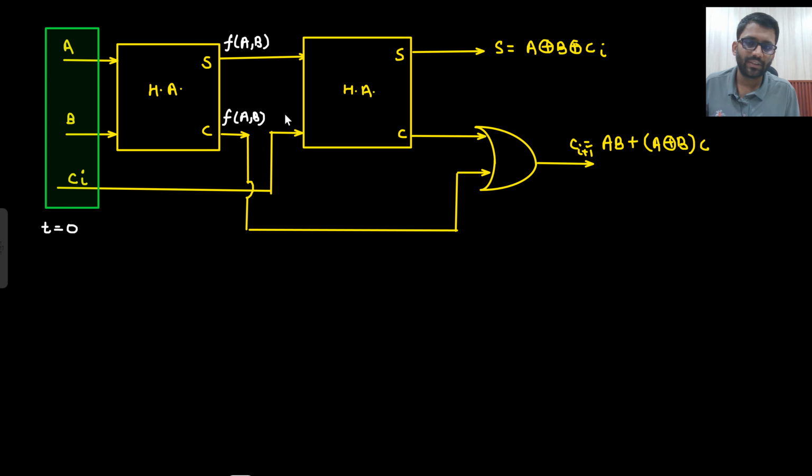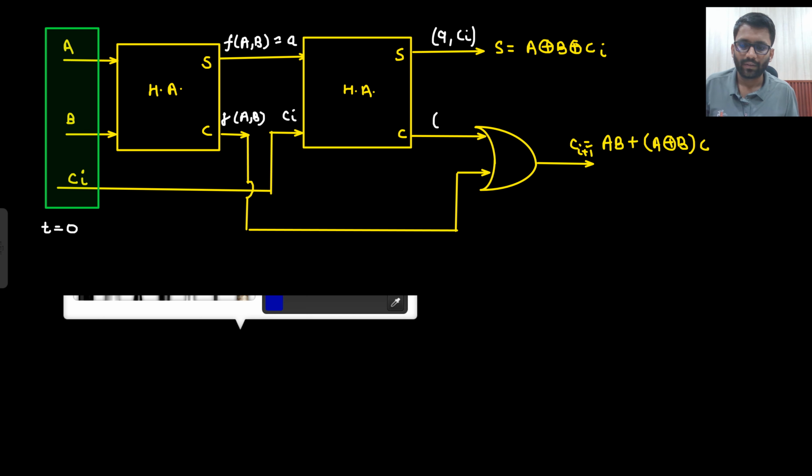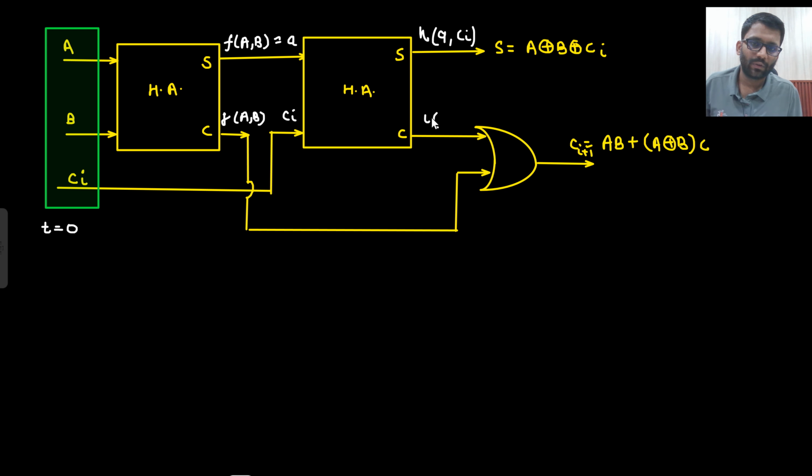Now, this is your Ci. And I am calling this output a variable, say G. So this sum will be a function of this G and Ci, right? And this carry will be a different function, so I should denote it with H. This will also be a function of G and Ci, right?